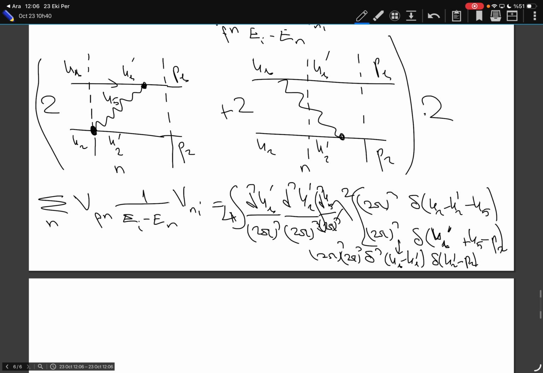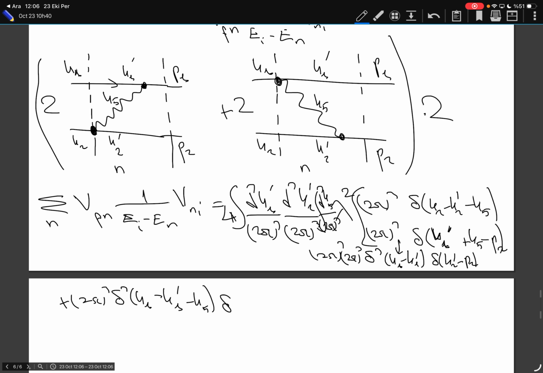And from the second diagram, I have, let's see, there's a vertex here where I have 2 pi cubed Dirac delta K1 minus K1 prime minus K5. This is K5.